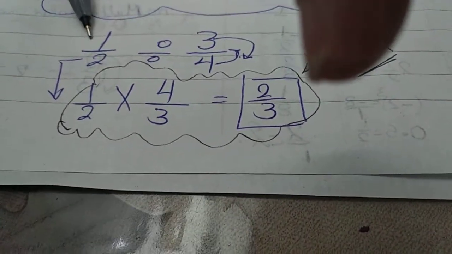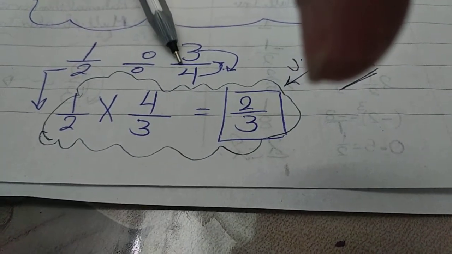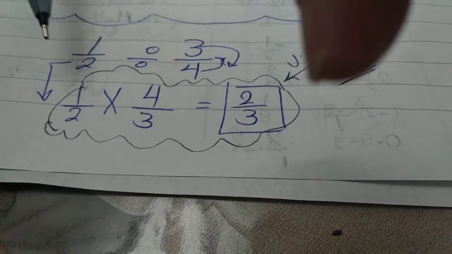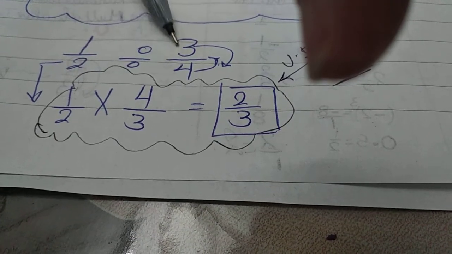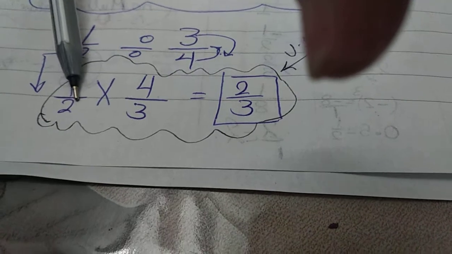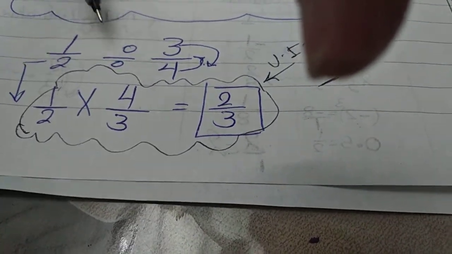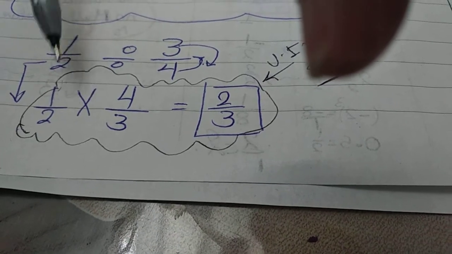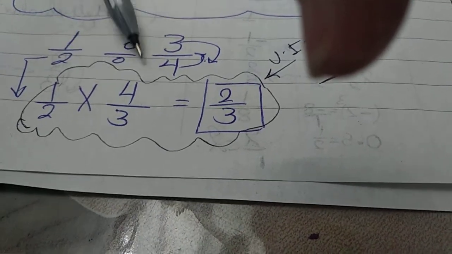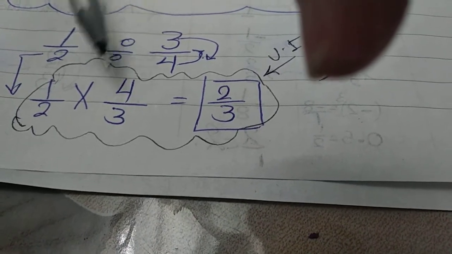So if I want to divide 1 over 2 by 3 over 4, you will write the first fraction as it is, and change the division sign to be a multiplication sign, and change the fraction after the division sign upside down, 4 over 3.